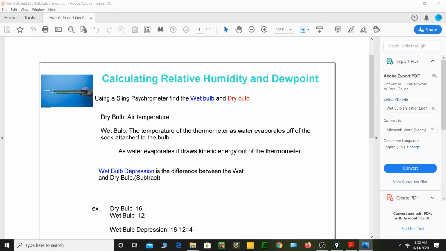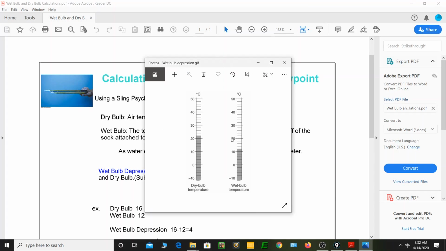So what this looks like, if you take the dry bulb and the wet bulb on our sling psychrometer, okay, there's the dry bulb. This temperature is always going to be higher than the wet bulb because there's no evaporation occurring here. As water evaporates off of the wet bulb, depending on how dry the air is, this temperature is going to drop. So the difference between the two is called the wet bulb depression because it went down.